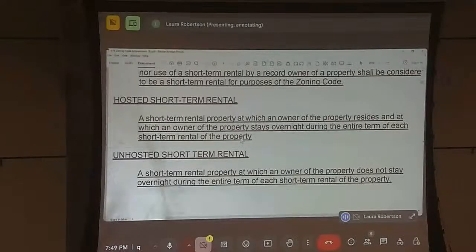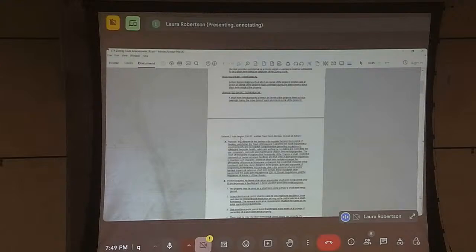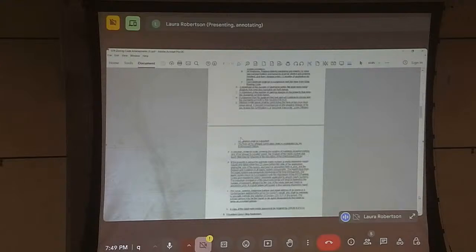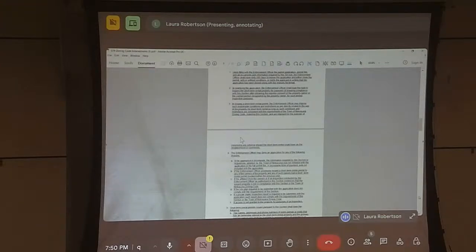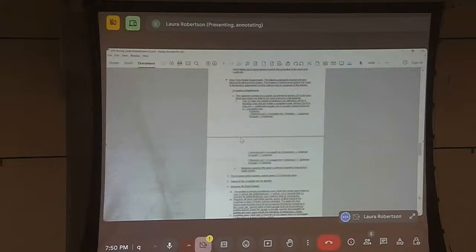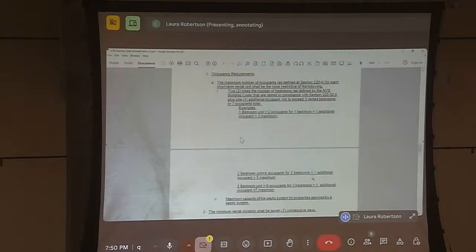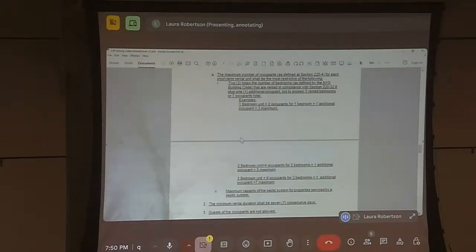There were limits in the short-term rental ordinance that we looked at, and that had to do with the number of bedrooms that could be rented out, and it was limited and capped at 3. So if you say that there's 2 occupants per bedroom plus 1, that limited the number of occupants to 7 guests in a rental unit.